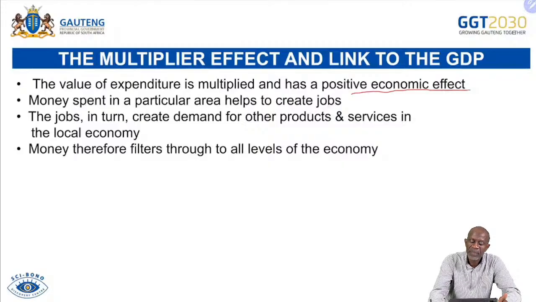Money spent in a particular area helps to create jobs. Jobs in turn create demand for other products and services in the local economy. Money therefore filters through to all levels of the economy, and that is how the multiplier effect is linked to the GDP.